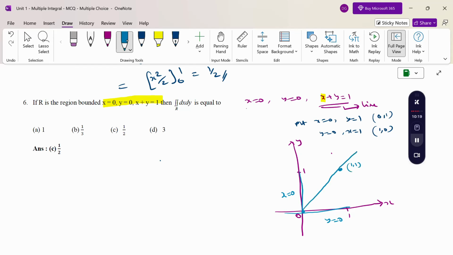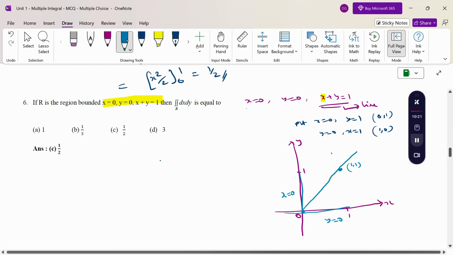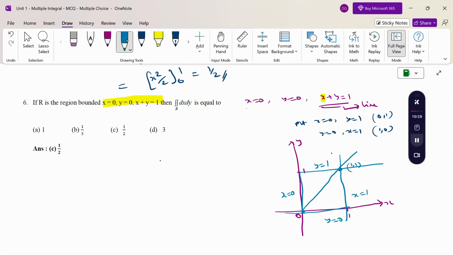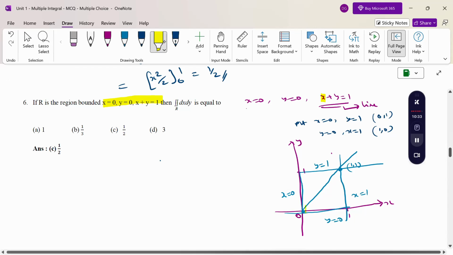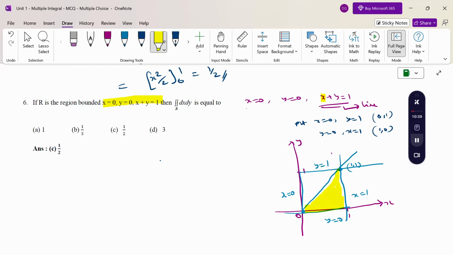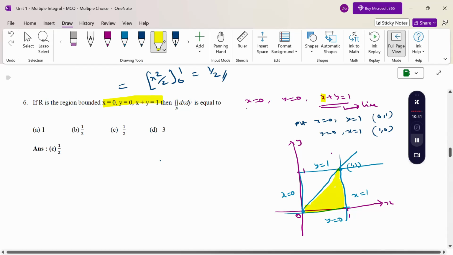And y equal to 1, this is y equal to 1, this is x equal to 1. So moving up to this, this is our area. Now this is our region.